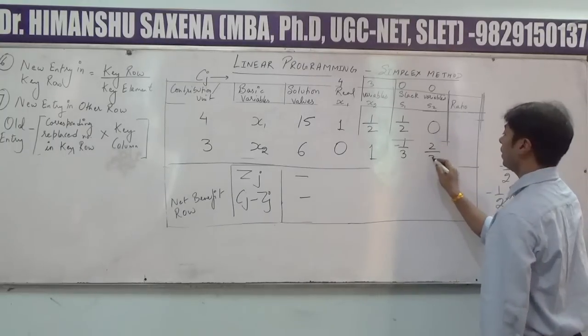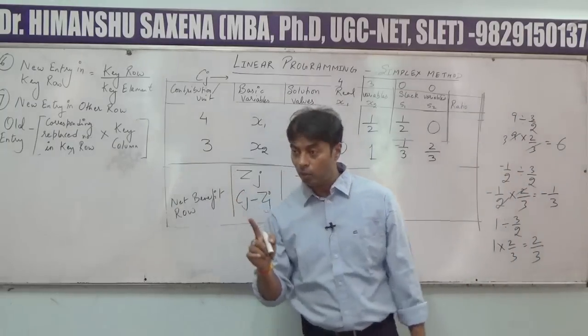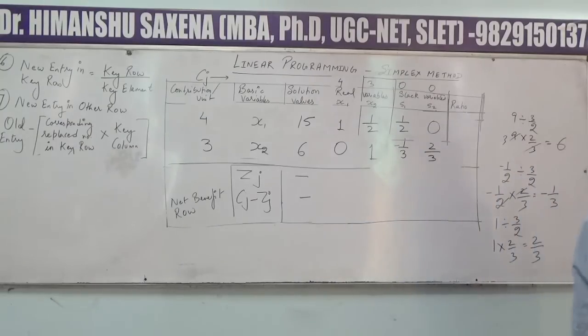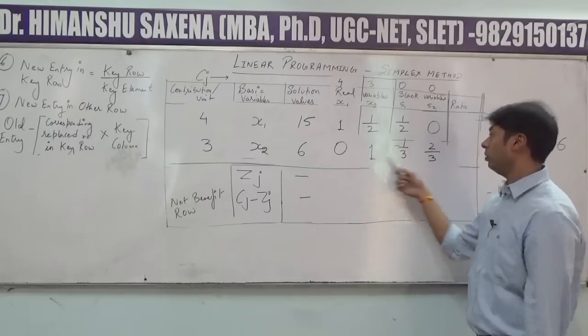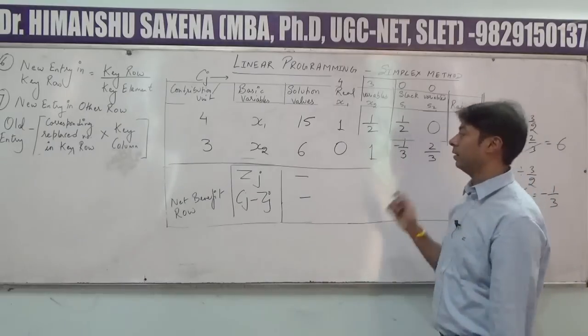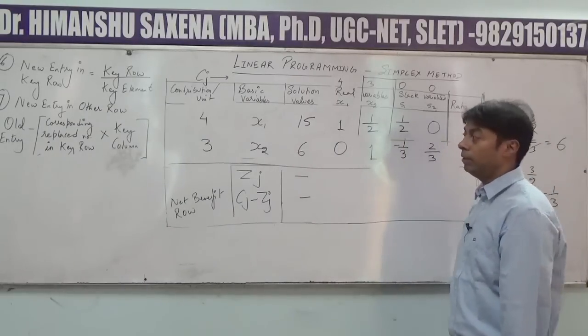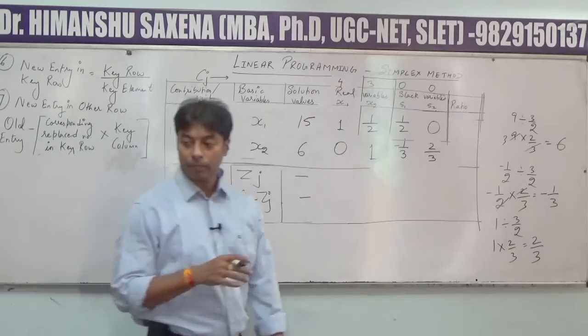So we have just replaced this row which was earlier the key row. Always you are going to replace key row initially, and all these values will be written down in the next table. Kindly take down all these values before we commence the complicated row, which is the row other than key row.